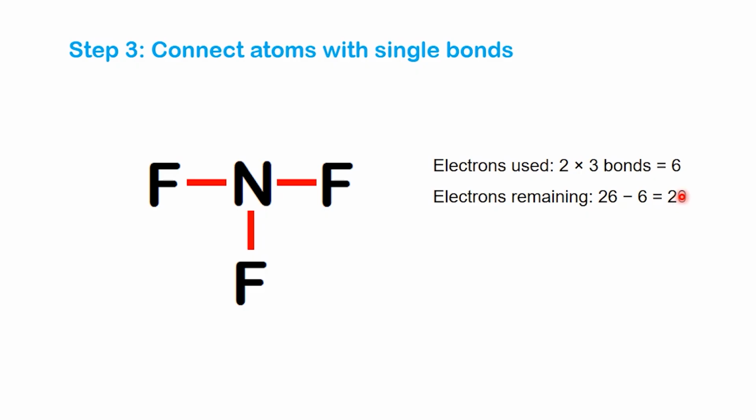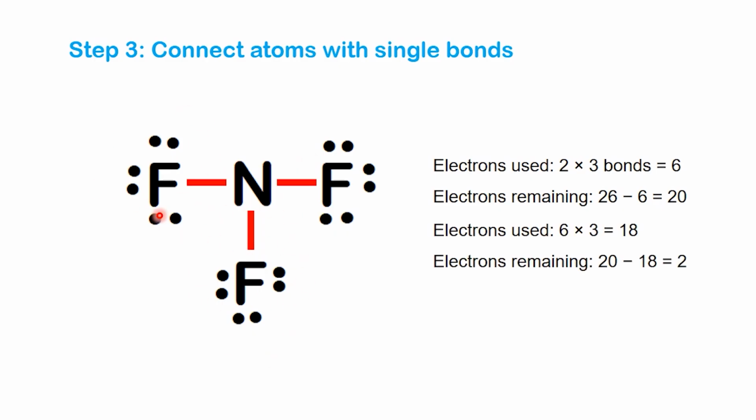We now distribute the remaining electrons to satisfy the octet rule. We start with the terminal atoms, the fluorines. Each fluorine needs 8 electrons in total, and it's already sharing 2 with nitrogen. So we add 6 electrons to each fluorine as 3 lone pairs. This uses 18 electrons, leaving 2 electrons remaining.